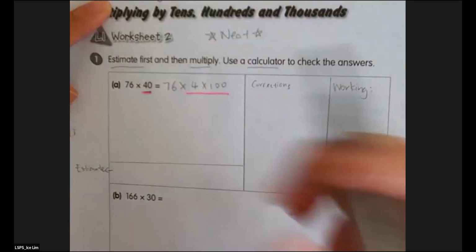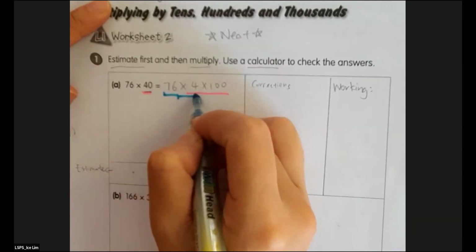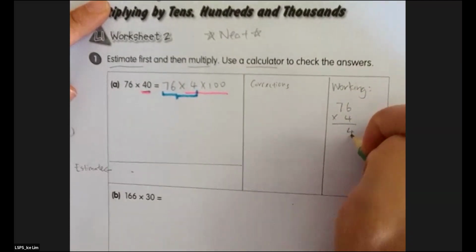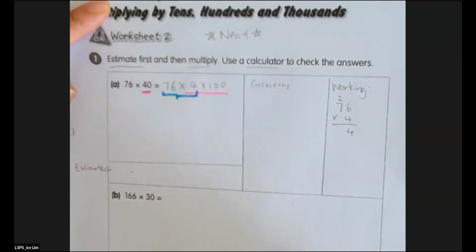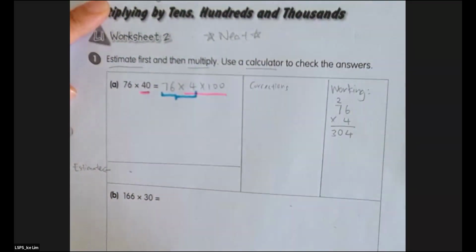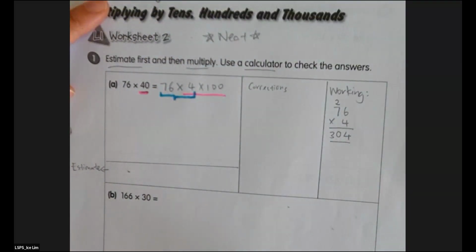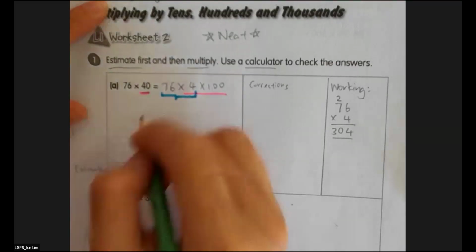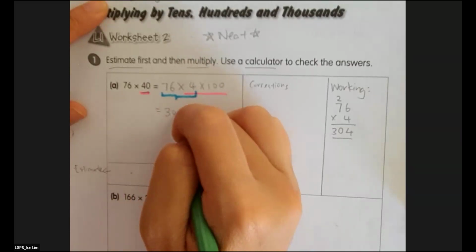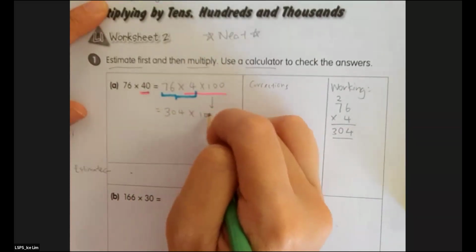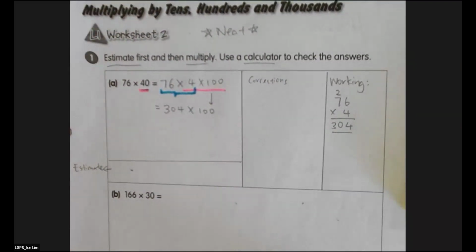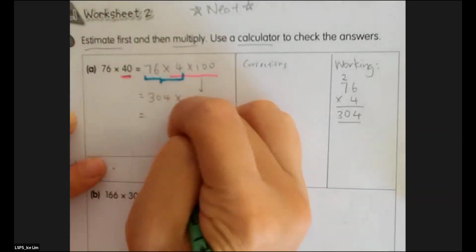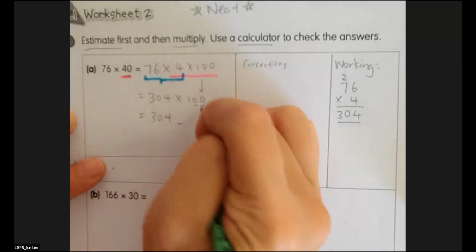So I will do my working for 76 times 4, which will therefore be 304, then multiply by 100. Then 304, 2 places.